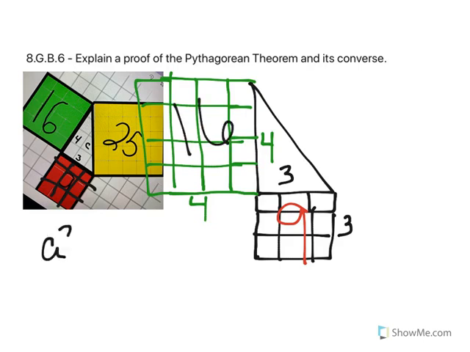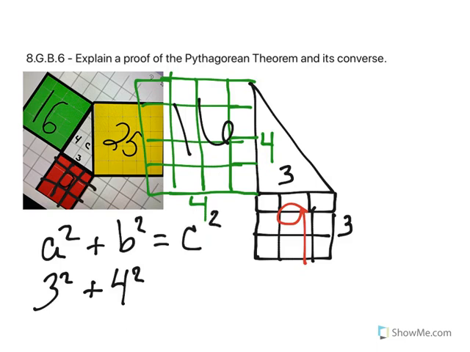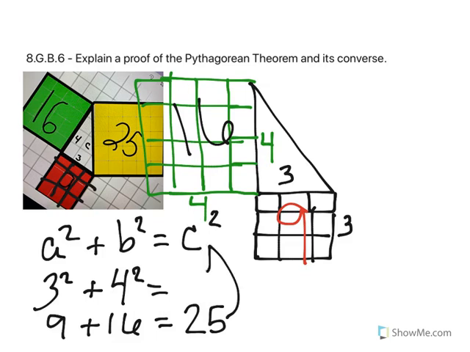Based on a squared, meaning a square that has a side length of 3, and b squared, a square that has a side length of 4, we should be able to figure out what c squared is. And that's what the Pythagorean theorem is. So 9 plus 16 equals 25. Now remember that that's the measurement of c squared, not c itself.